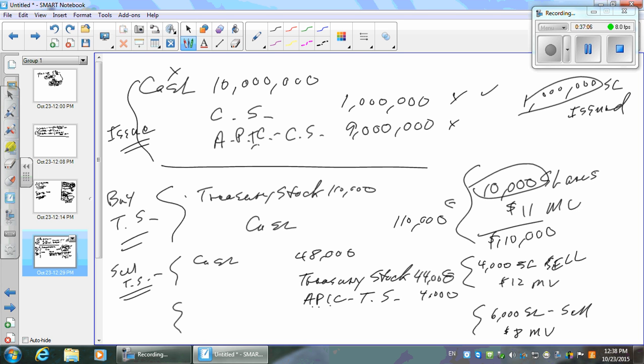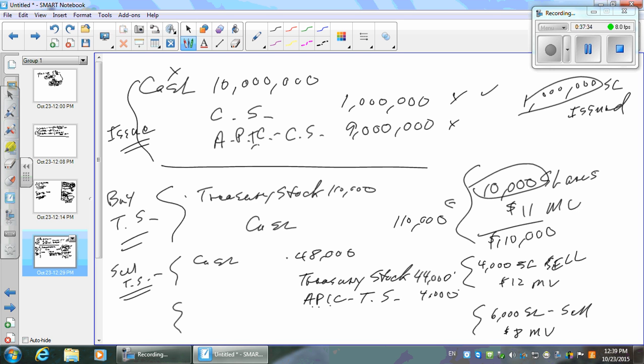Oh, well, this is crappy. Yes. Is your treasury stock 44,008 or just 44,000? Just 44,000. It does look like an 8, doesn't it? Sloppy. Thank you. Debit 48,000 cash, credit treasury stock 44, and credit additional paid-in capital from treasury stock 4. Okay, good. Okay, what's this one going to be?